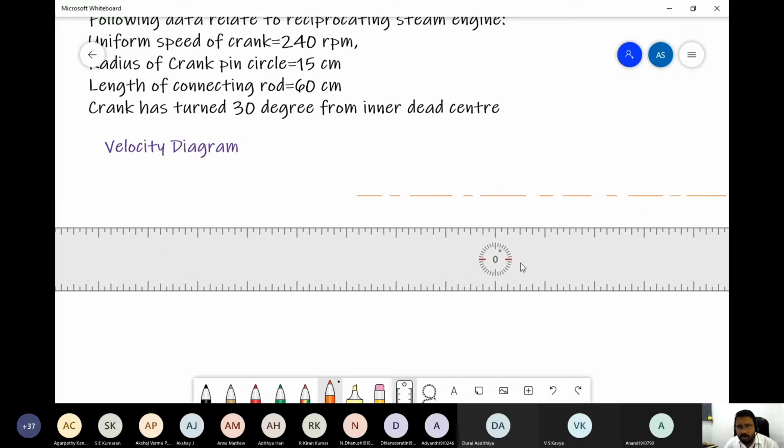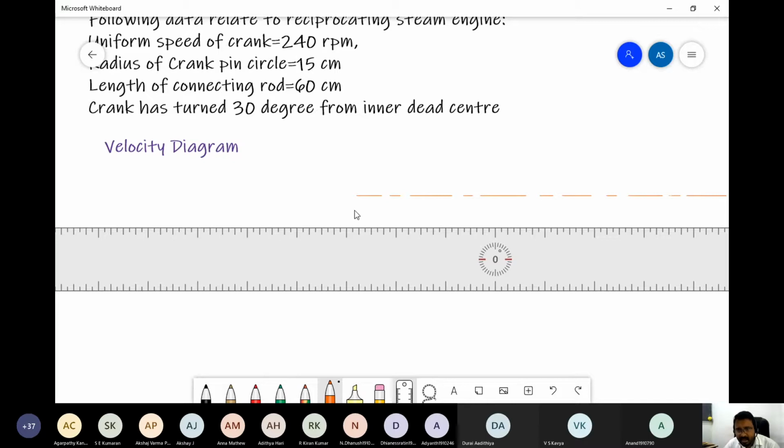Next, what we can do is draw the crank circle. The crank circle is at least 15 centimeter, and also it is given the crank has turned 30 degree. So we have to draw the crank line at 30 degree.